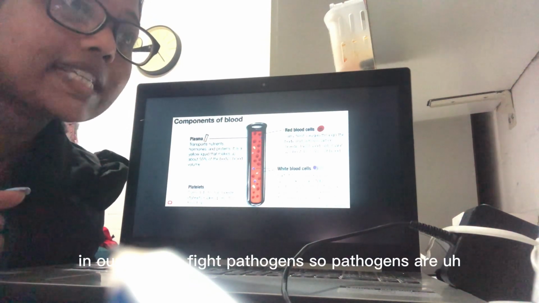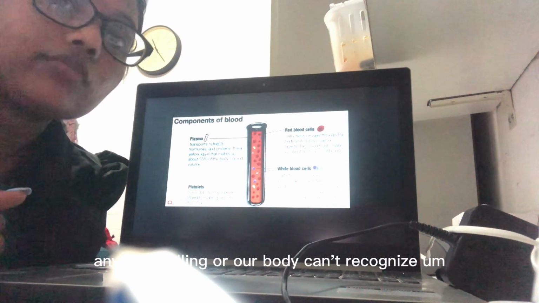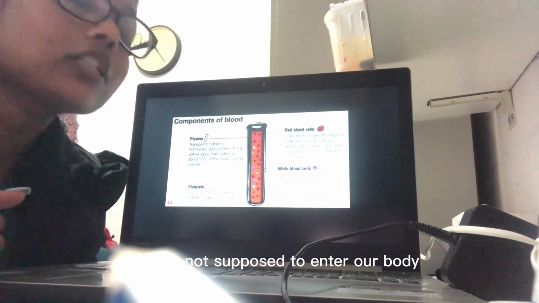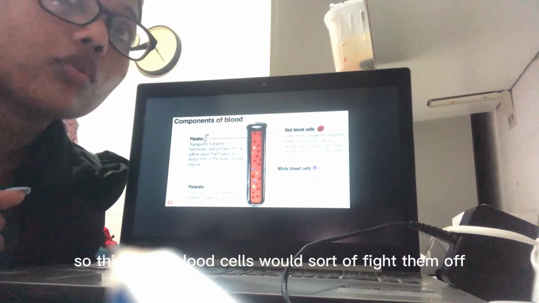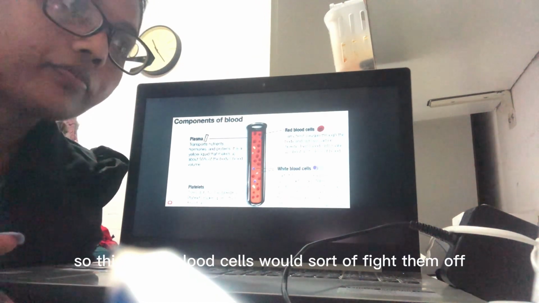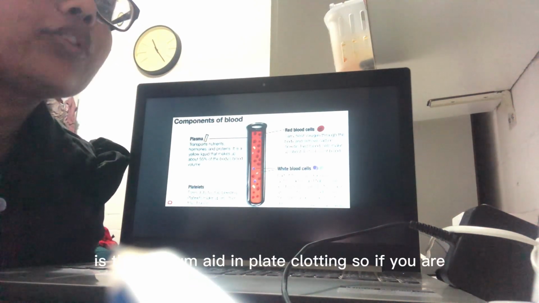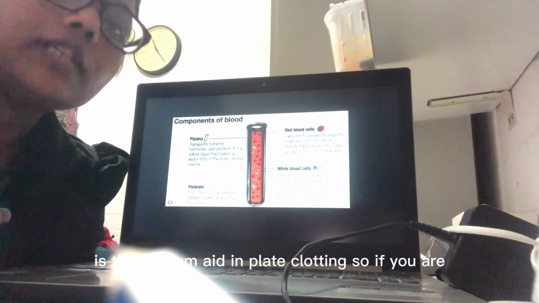Pathogens are anything foreign that our body can't recognize, and it is not supposed to enter our body. So these white blood cells would sort of fight them off. And platelets are there to aid in blood clotting.